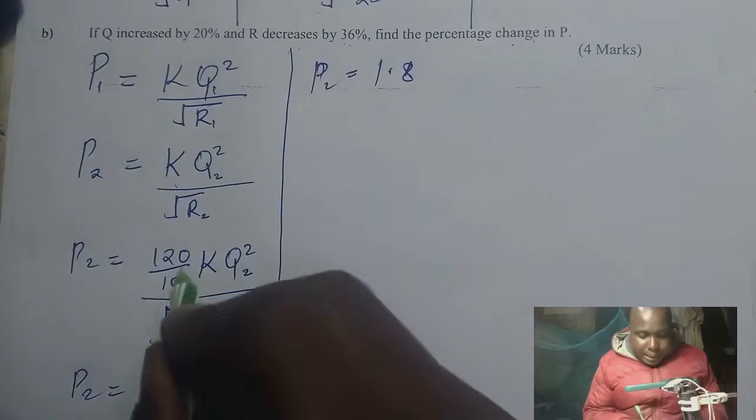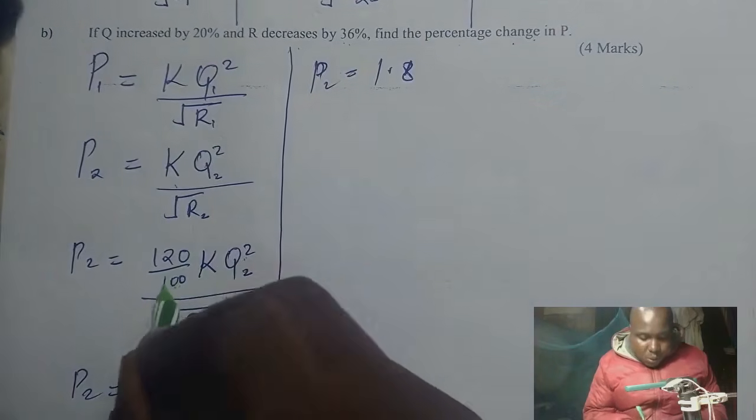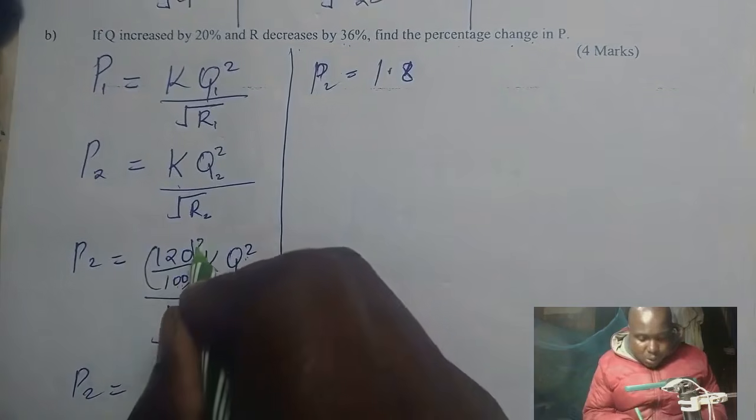Remember Q was squared, therefore whatever answer we get here should be squared.